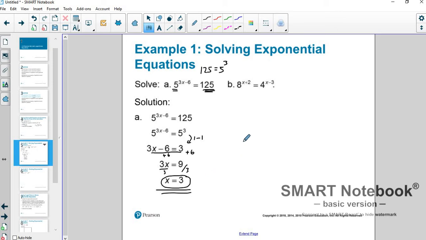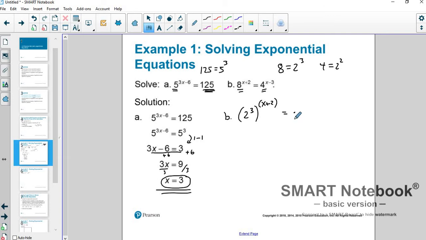All right. Now, for B, 4 and 8 are not directly related exponentially, at least not with whole number exponents. However, 8 is 2 cubed and 4 is 2 squared. And so we're going to replace 8 with 2 cubed, which still has a power of x plus 2.